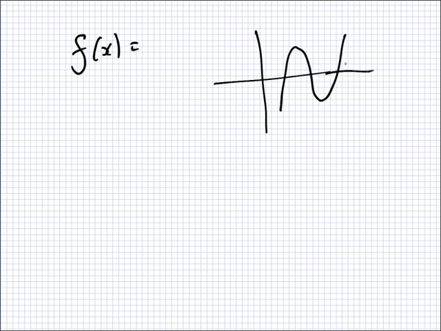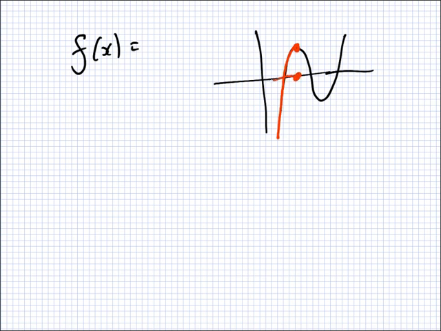So take an example like, suppose you had a graph like this. Does this have an inverse? No. So if you wanted to have an inverse, you would have to restrict the domain. So you could go from, for example, here to here.